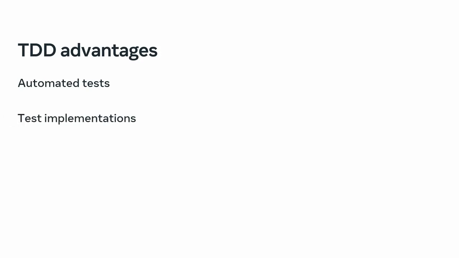You can test your implementations with various inputs, and the tests become a specific kind of documentation for the new members of your team. In this video, you learned how test-driven development, or TDD, works. You also covered the steps involved in the TDD approach, and that it is implemented in red-green-refactor cycles.